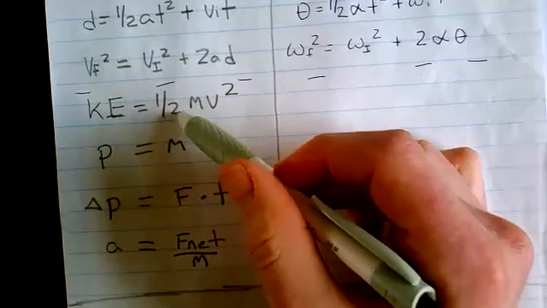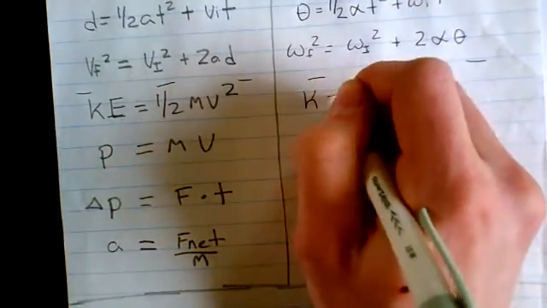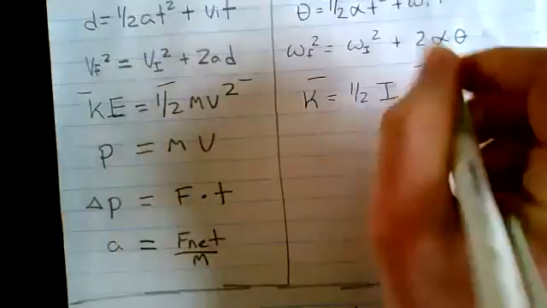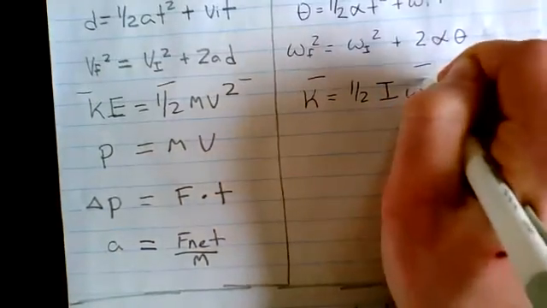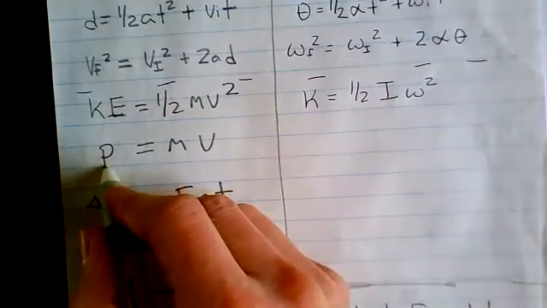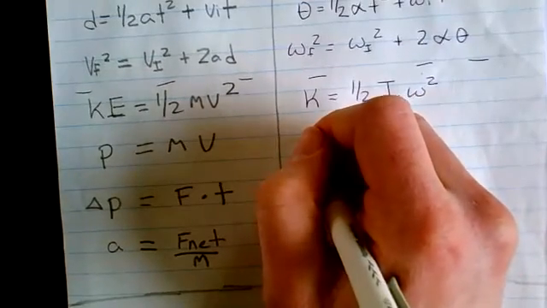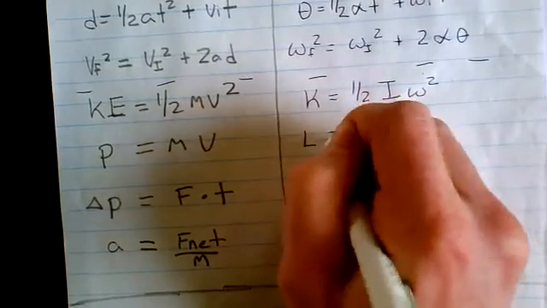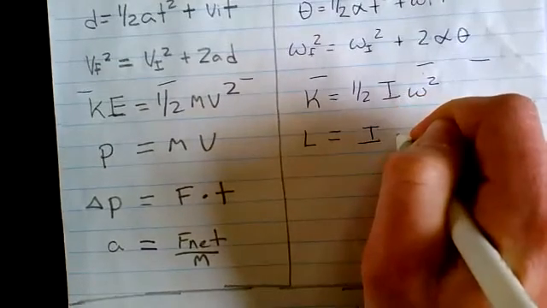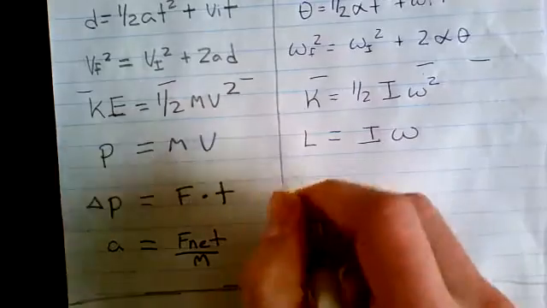So kinetic energy equals 1/2 mv squared. Well, kinetic energy equals 1/2 I, rotational inertia, omega squared. Momentum equals mass times velocity. Now, what do we have? Angular momentum equals I, rotational inertia, times angular velocity.